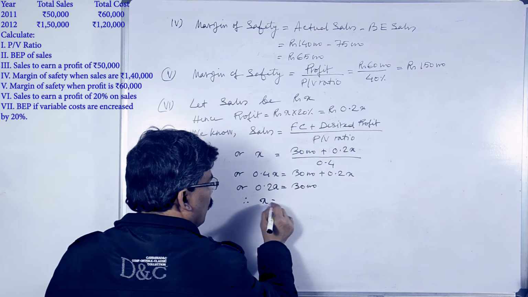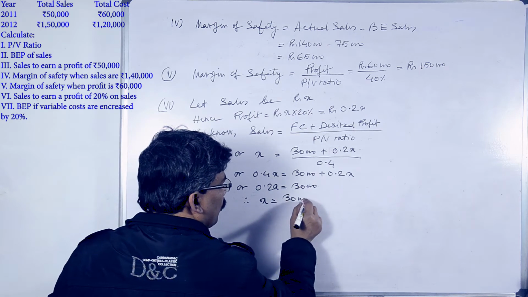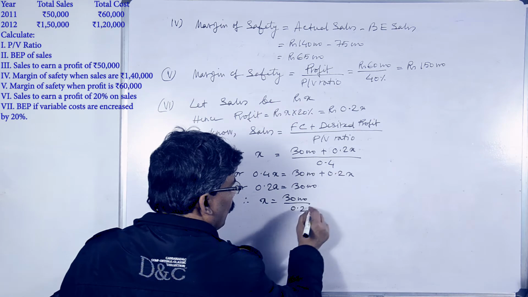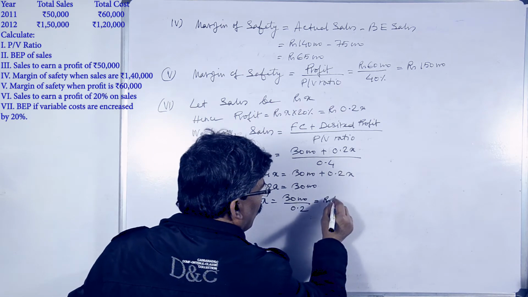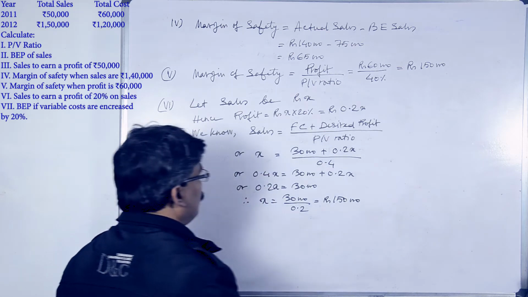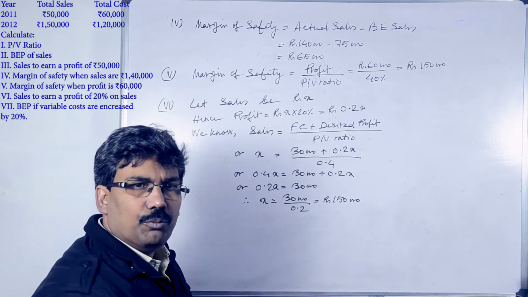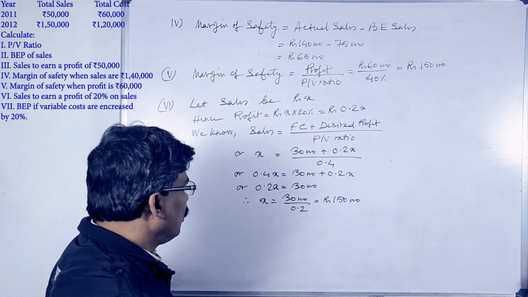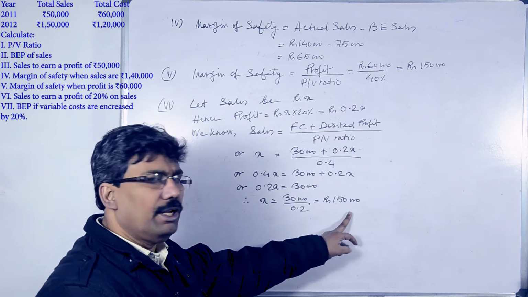Therefore x equals 30,000 by 0.2, means rupees 1,50,000. If you want to earn a profit of 20% on sales, then the sales should be rupees 1,50,000.